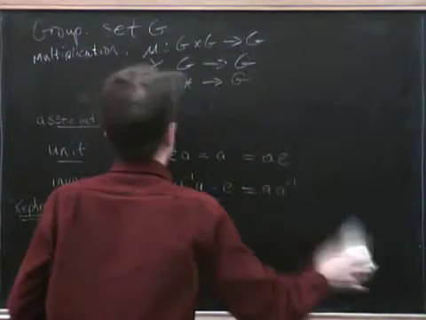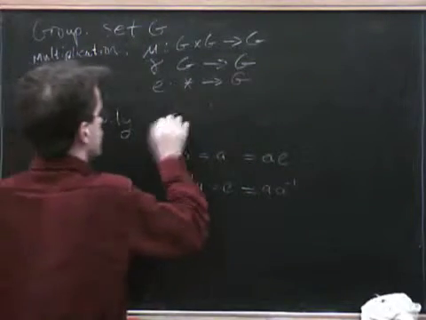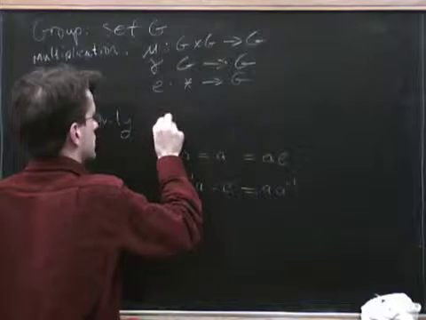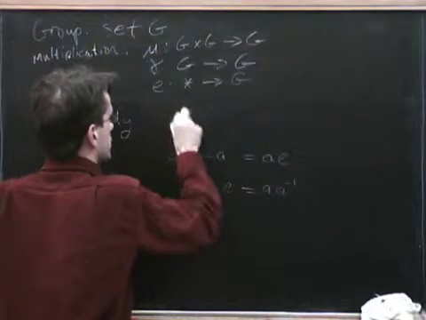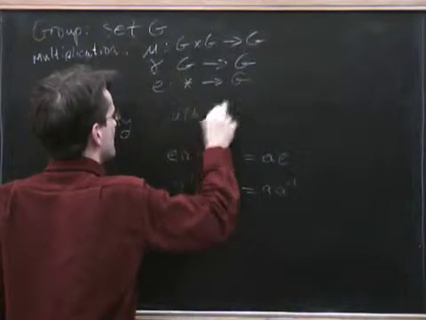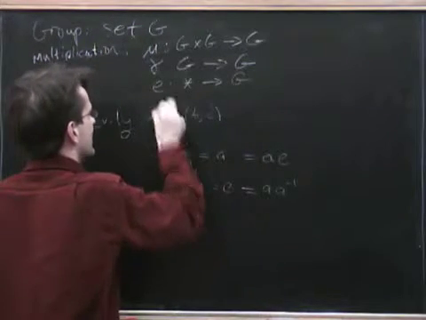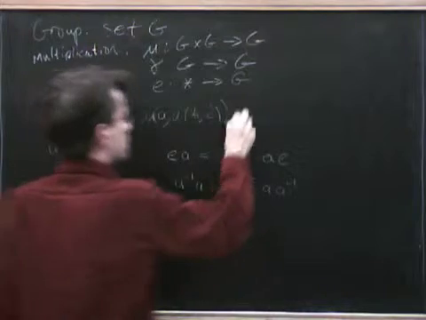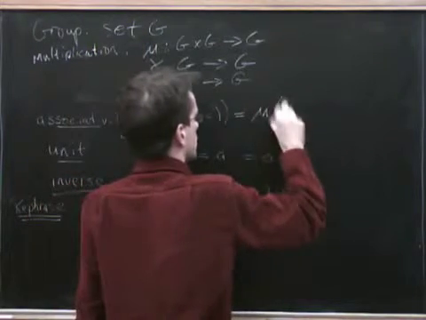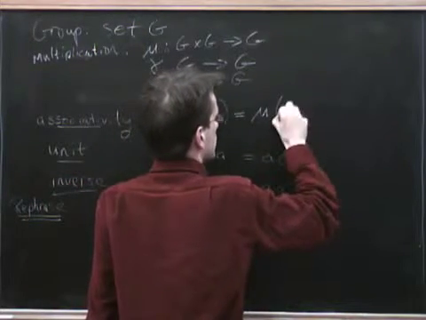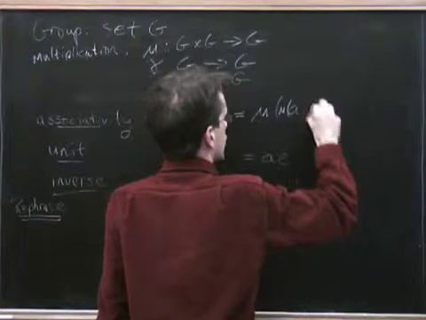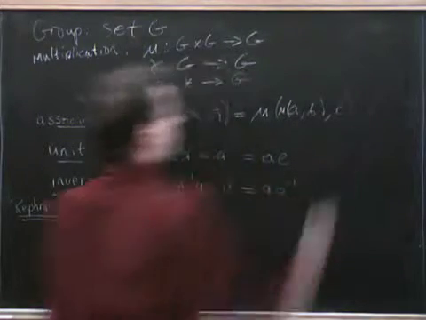So let's start with associativity. Rewriting this, I did mu of b comma c, then mu of a with mu of b comma c, is equal to mu of a comma b comma c.